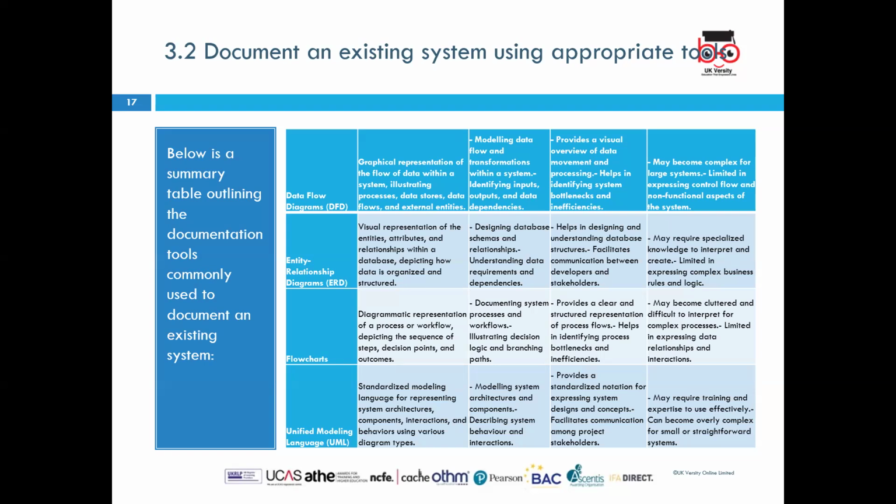ERD diagrams, which are very much more common, allow us to see what the entities and the attributes are and what the relationship between them is. ERD diagrams are very widely used, and they really break down our database.